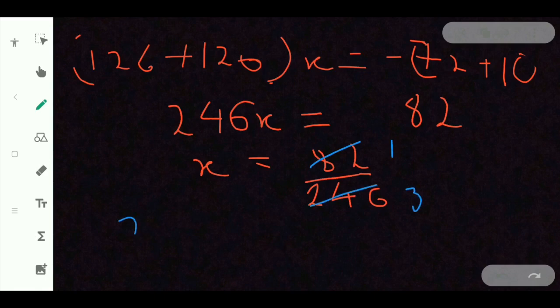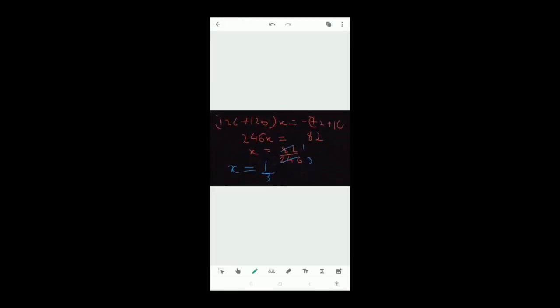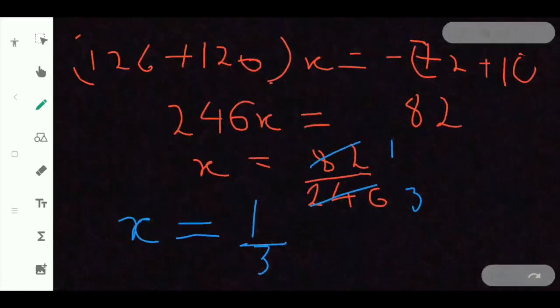Our x is going to be 1 by 3. So now we got the value of x, and so let us find the value of y.